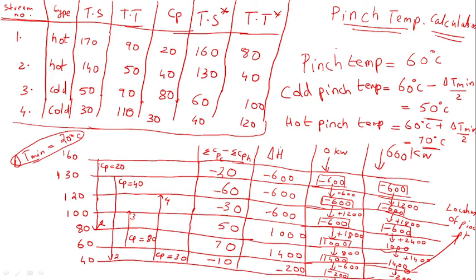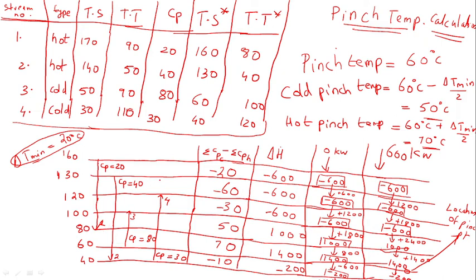Then we need to mark all the streams. Stream 1 is a hot stream which is cooled from 160 to 80, so we need to mark this 160 to 80 as stream 1.